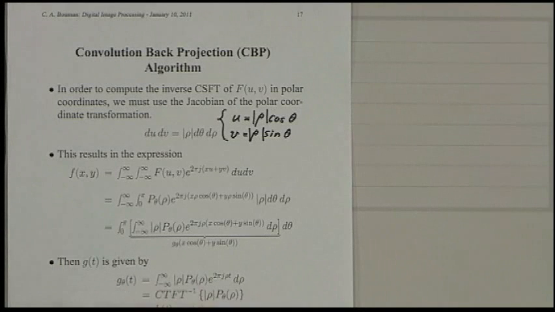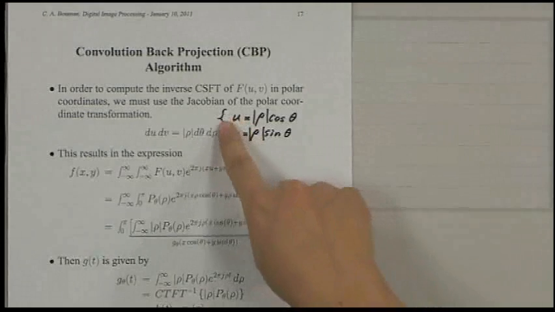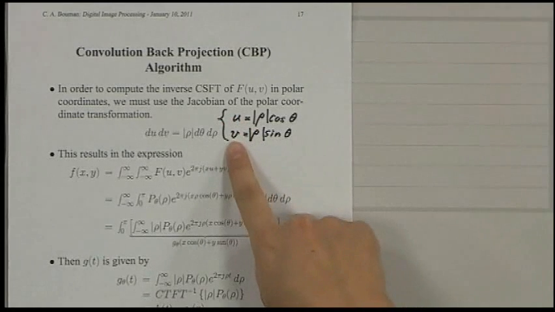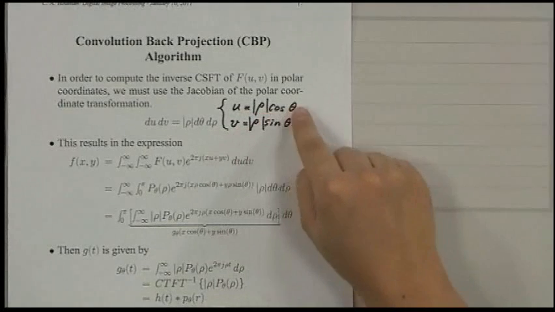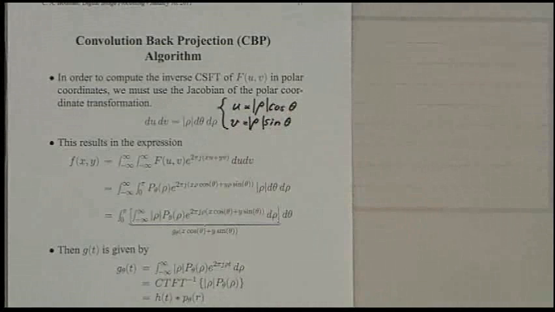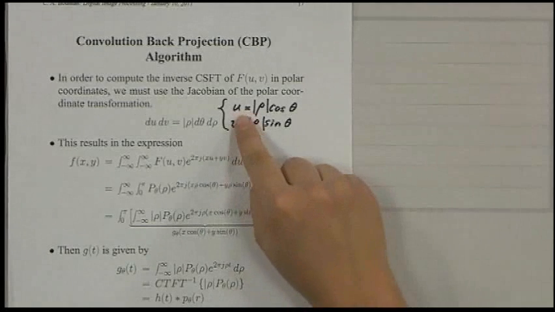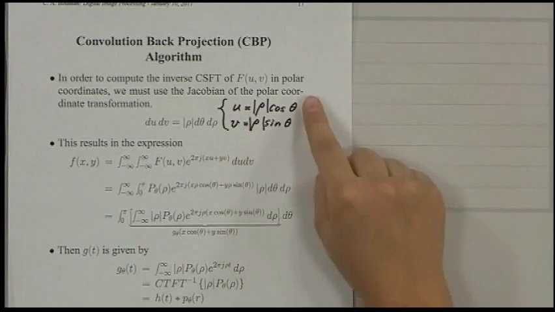Okay, first, actually I want to add two lines here. This UV and rho theta came from the Fourier slice theorem page. So first we define UV like this.